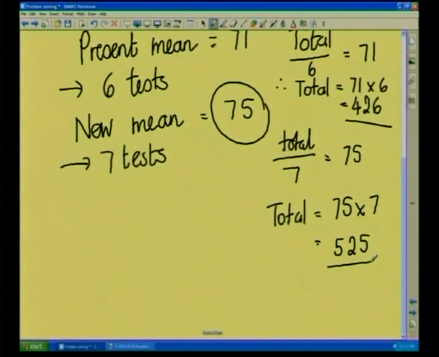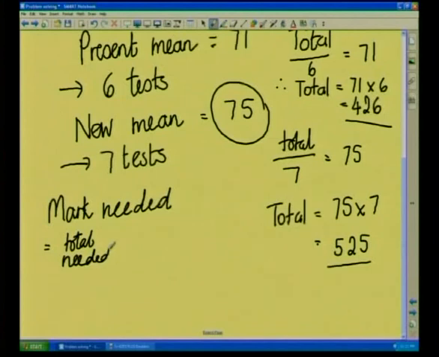So the mark that she needs in order to make it up to 75% is going to be what she needs, the total needed minus the total obtained, the mark that she's got already.